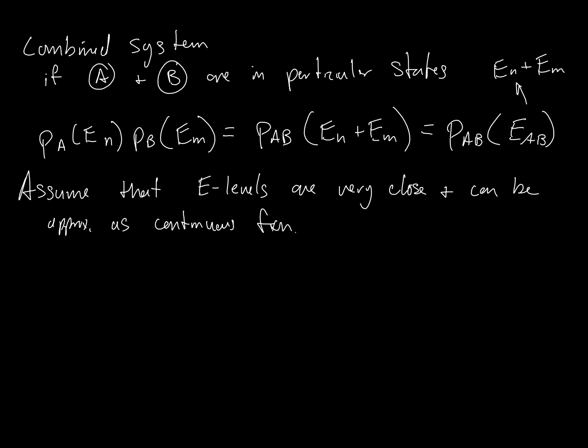Right, so we're going to assume that the different discrete energy levels, right, we know from quantum mechanics that they are discrete individual energy levels. But we are going to assume that it is a continuous distribution. And this is generally going to be an okay assumption, right?